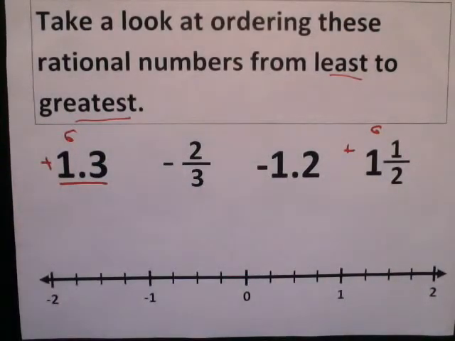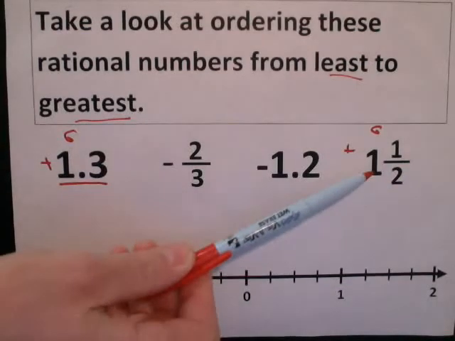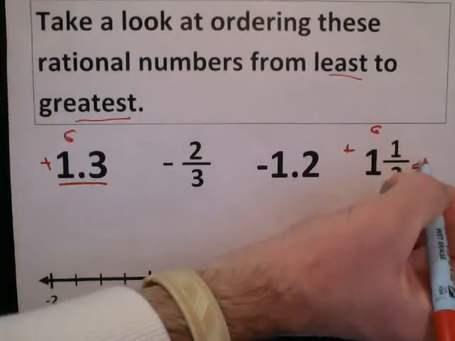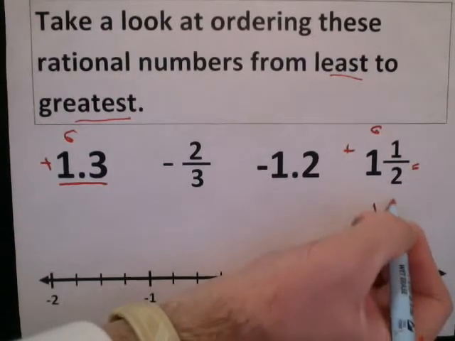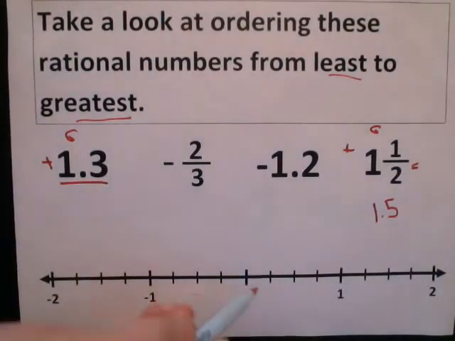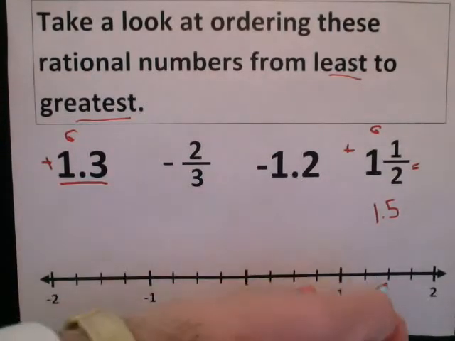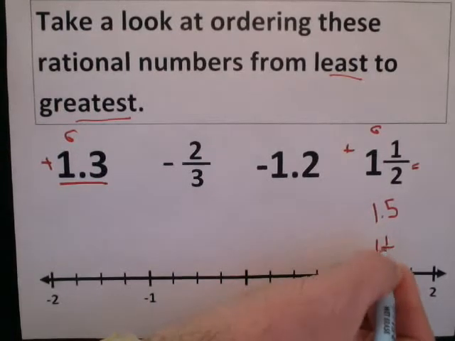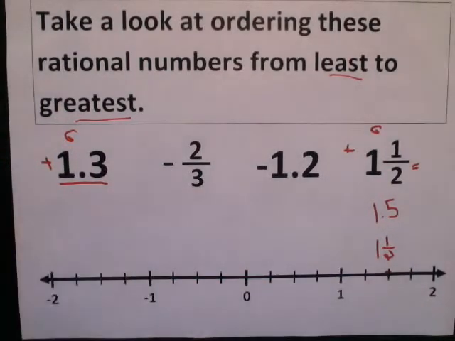And then if we look at it, we can say, well, geez, 1.5 on the number line is right here. And so we know that 1.5 will fall on the number line at that point right there.